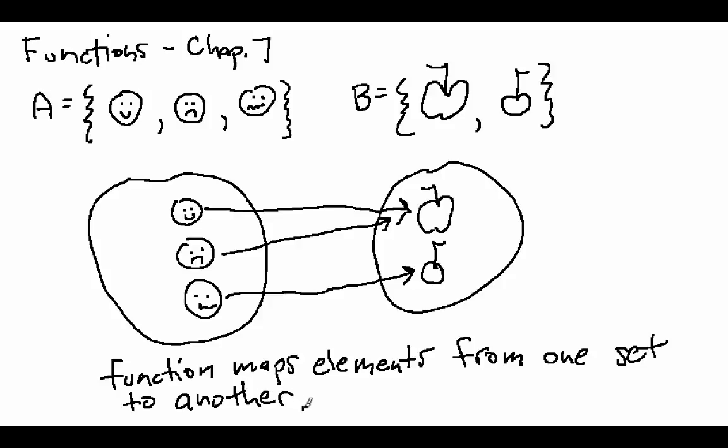Now, the key word here is this word maps. Maps. Another way to say this is it associates. Or we could come over here and say it assigns uniquely.